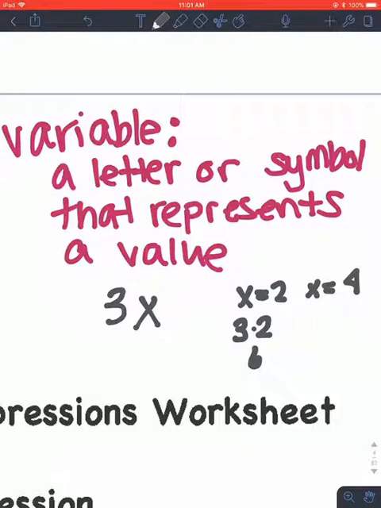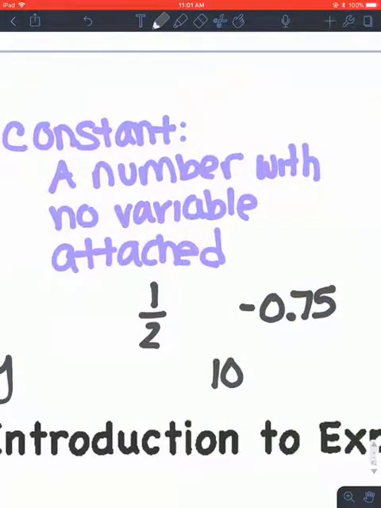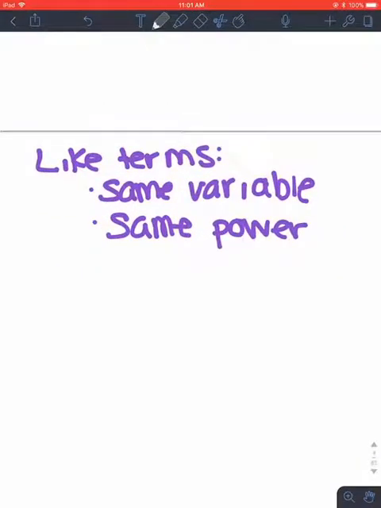And when x equals 4, 3 times 4 is 12. So variables can equal different things, and that's why they vary, as opposed to a constant, which is just a plain old number that doesn't vary. 1/2 always is 1/2.